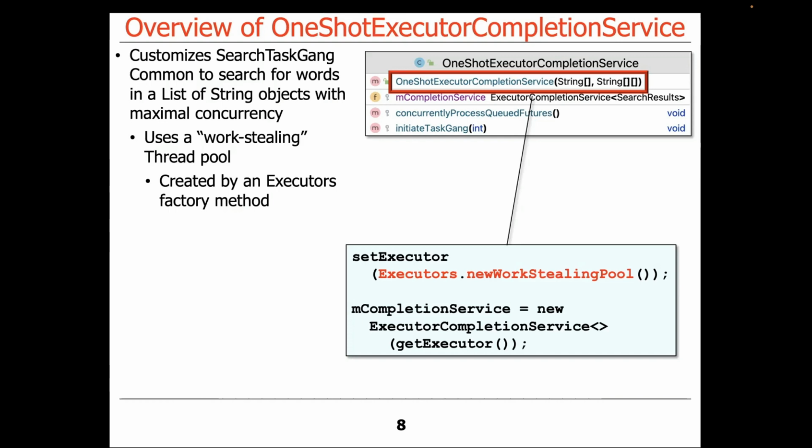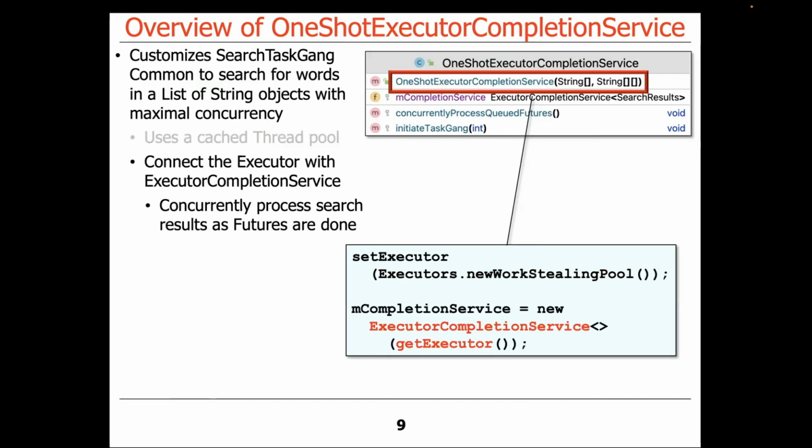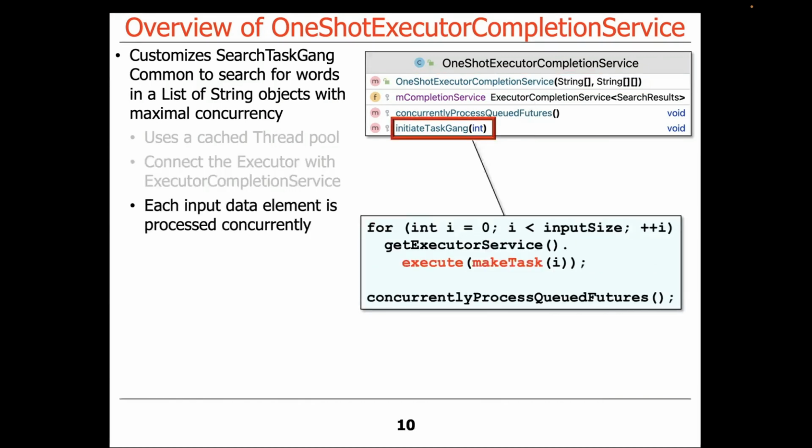We'll talk about it later in the course, but basically it allows threads to work collaboratively to keep core utilization as high as possible by stealing work from threads that have too much stuff in their queue when another thread has nothing. So we make a work stealing thread pool, and then we use the ExecutorCompletionService, which wraps this work stealing pool to make the completion service field, and that will concurrently process the search results just as soon as the futures are done. Each input data element is processed concurrently, as you'll see here.